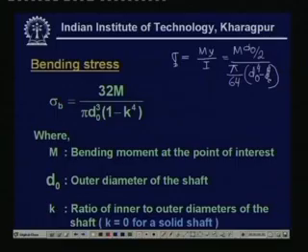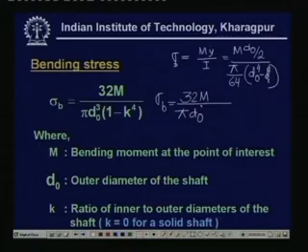Once you get this, the equation simply reduces to this: sigma b comes out by taking out the 64, so this is 32 M divided by pi d0.